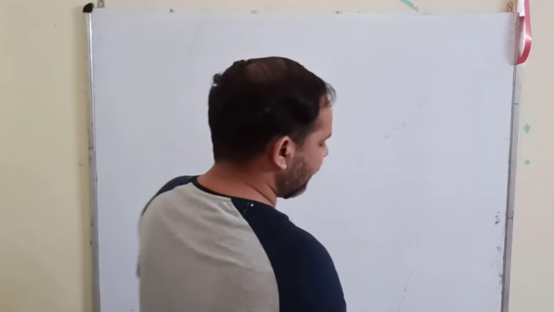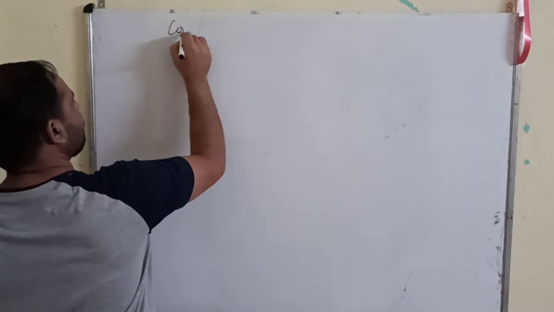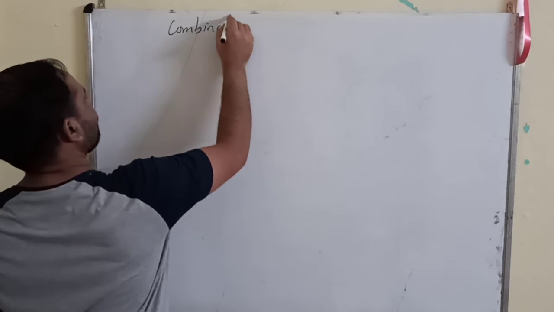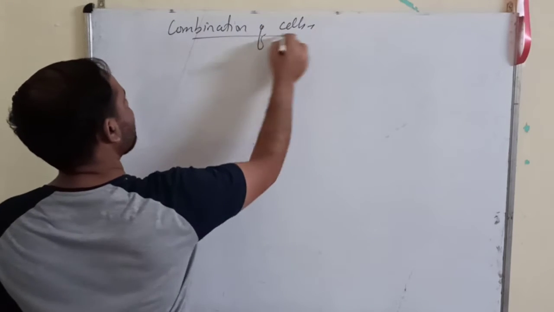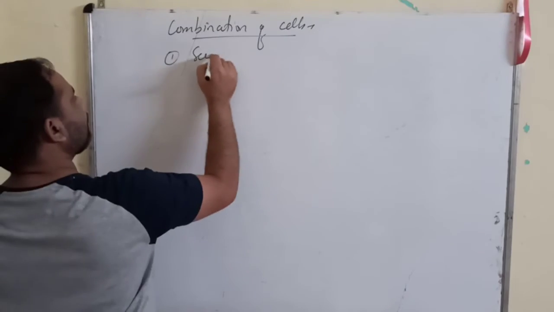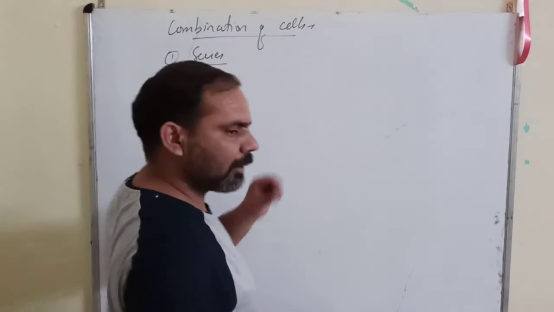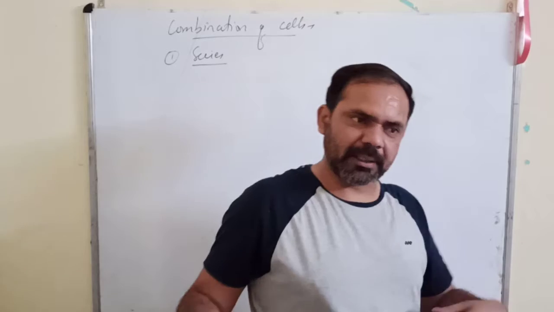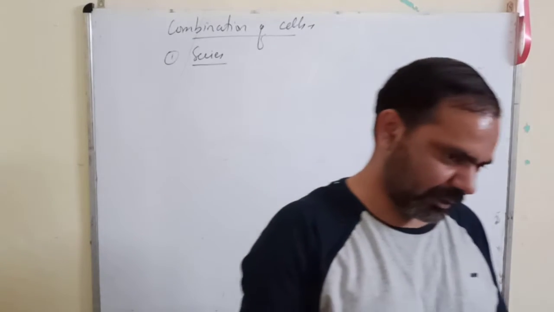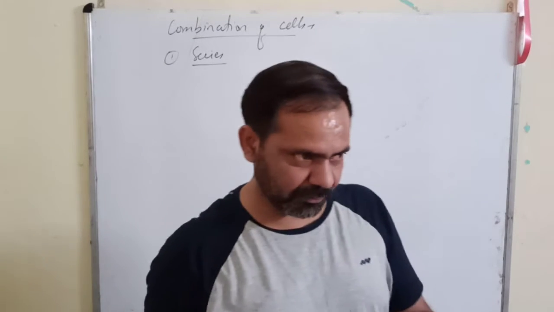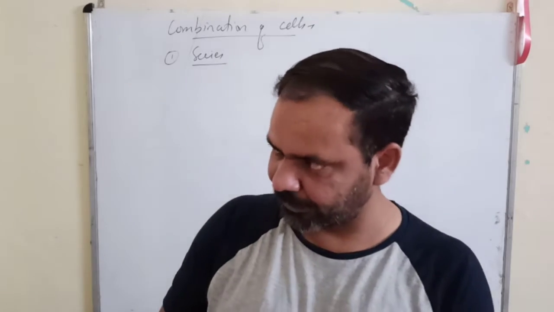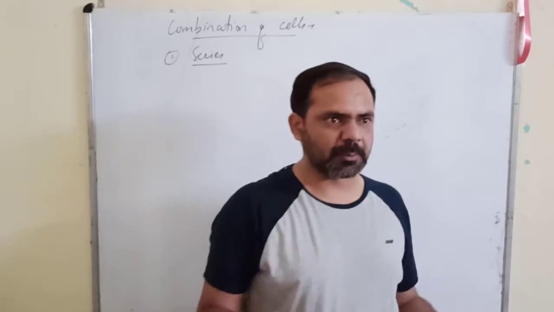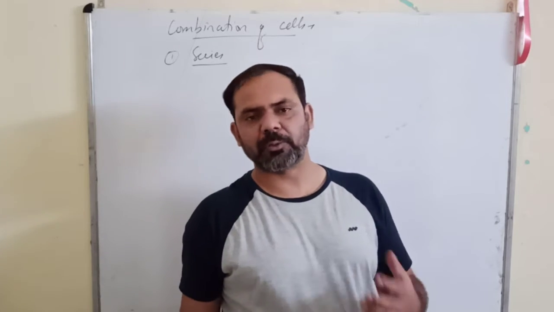Now next is combination of cells, again series and parallel. Just like resistors, you can combine cells into different types of combinations. Actually we will discuss three types: one is series, the other is parallel, and the third is mixed grouping.